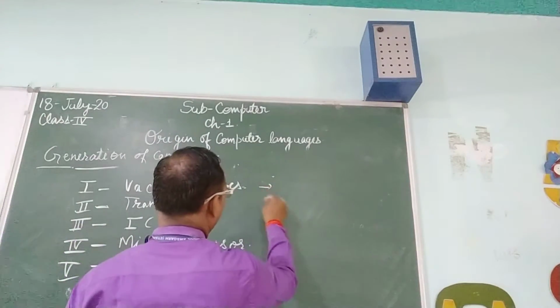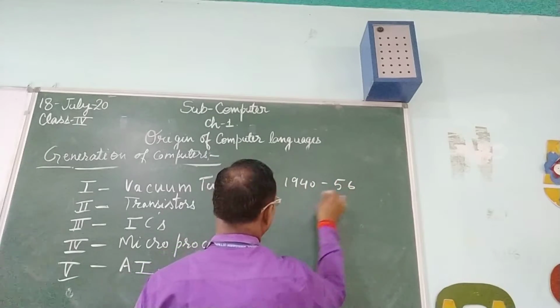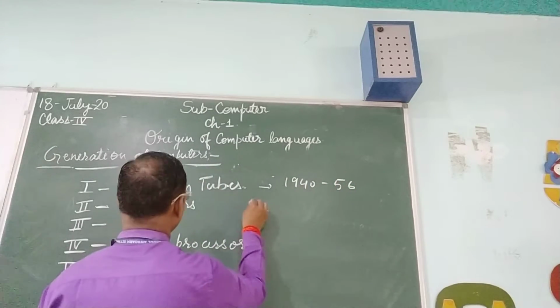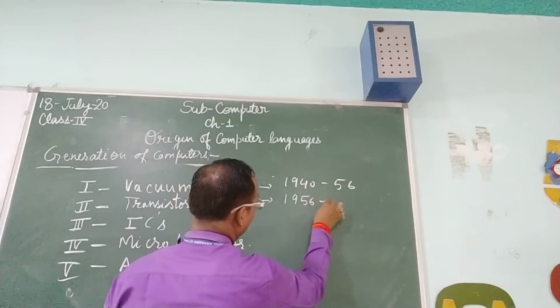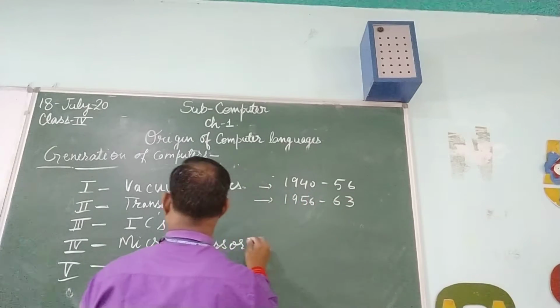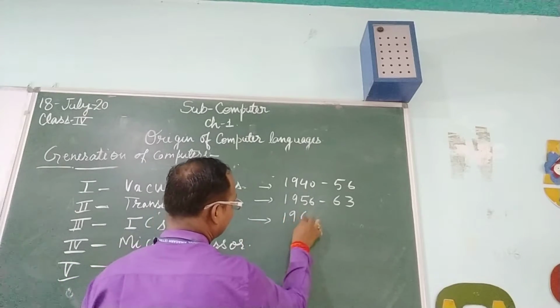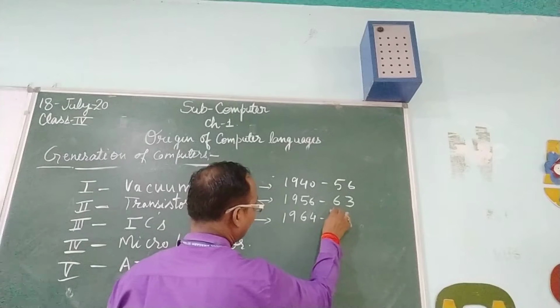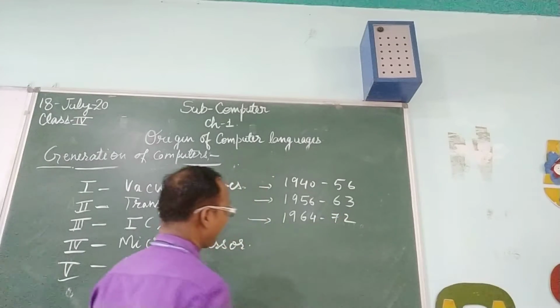The first generation was from 1940 to 56. The second, 1956 to 63. Now third generation was from 1964 to 1972.